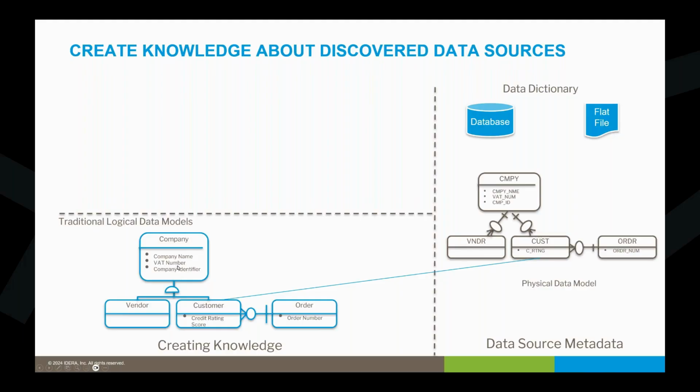And of course, that logical model is where that creating knowledge journey really happens using features like naming standards templates and our data security features and properties, such as, is this PII or GDPR or HIPAA? Those kind of compliance and regulatory factors can all be added in.